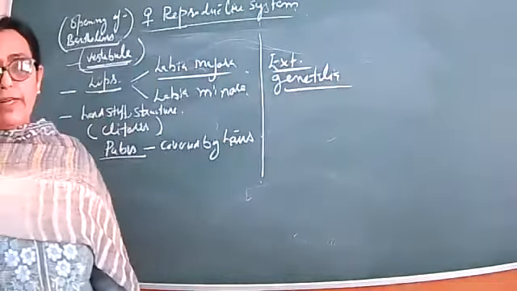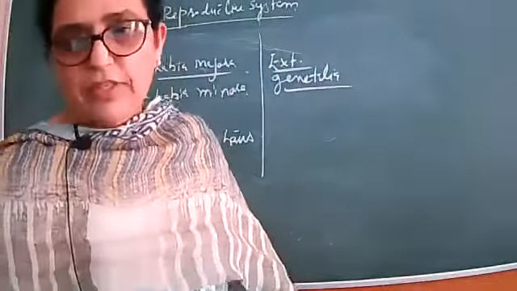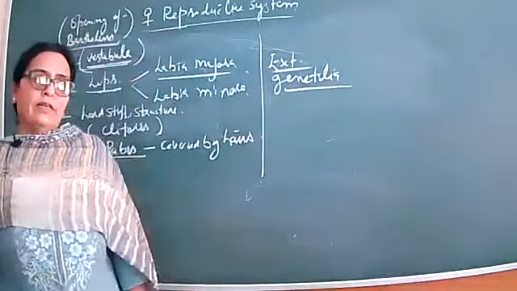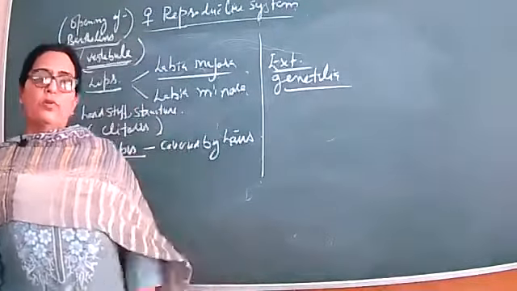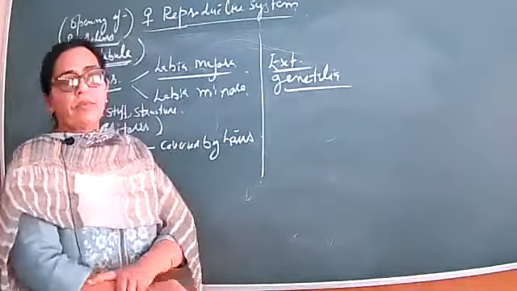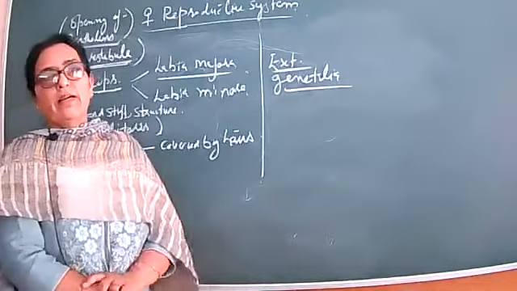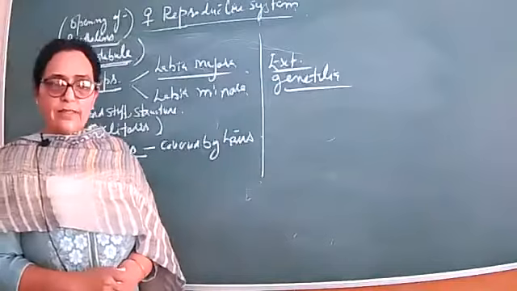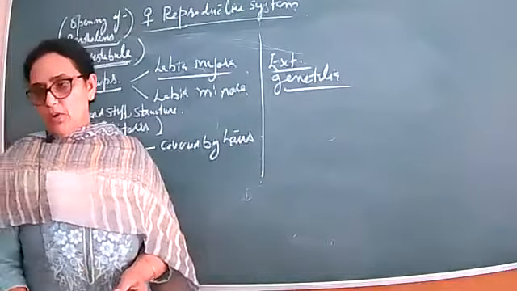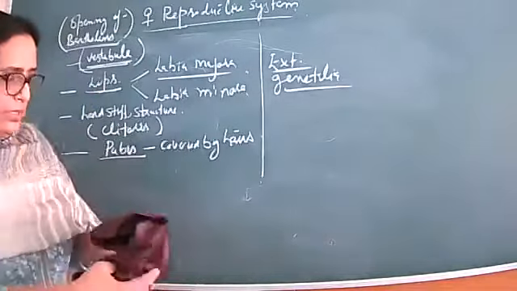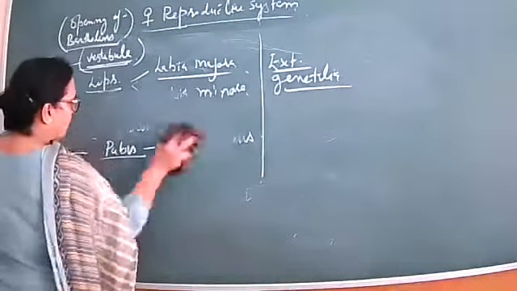Now we need to do in detail the structure of the ovary. Like when you did the male reproductive system, you also did in detail the seminiferous tubules and the testes, their detailed structure, because in the next part of that chapter you need to deal with that.